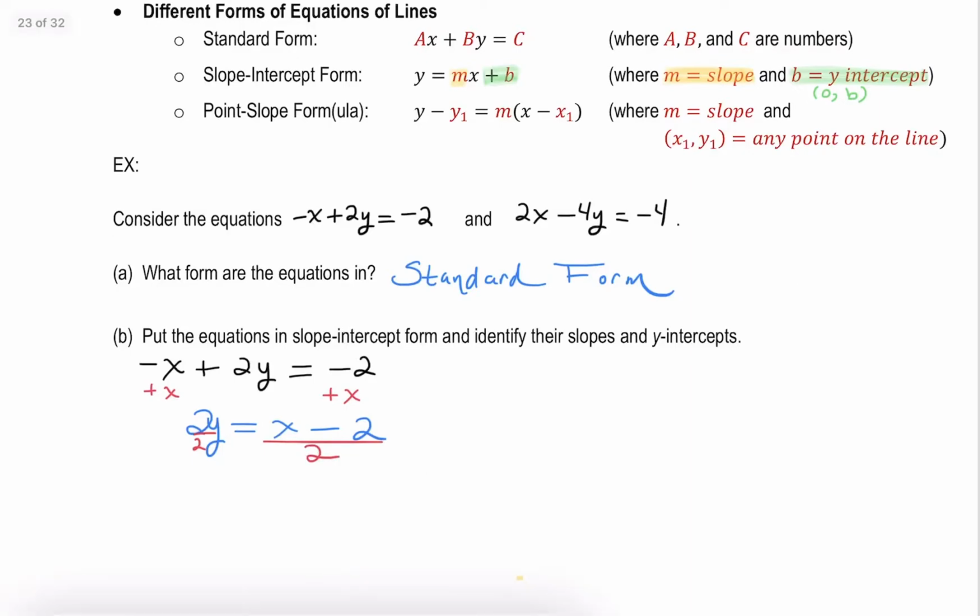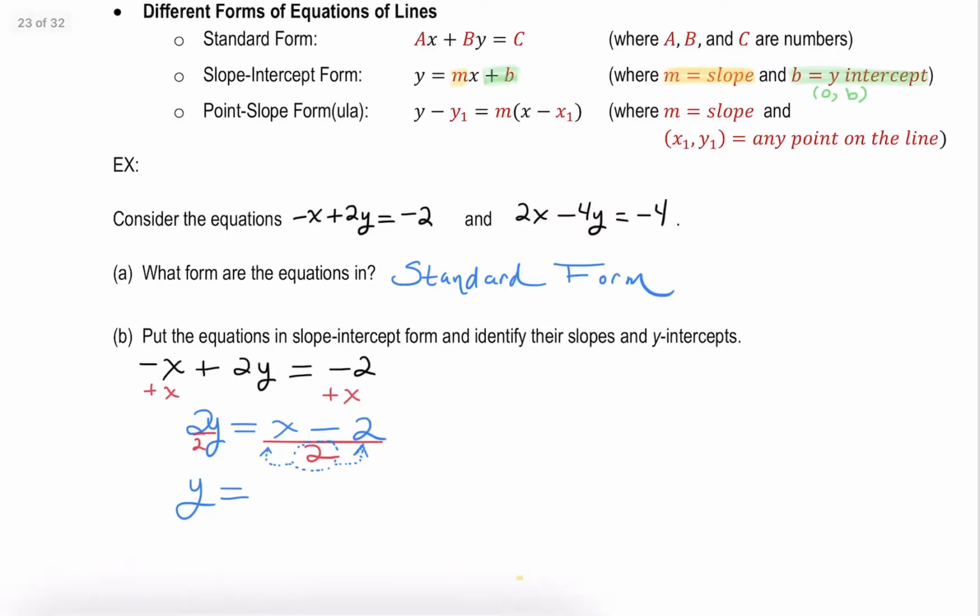And so now on the left-hand side, we have y. But now we do have to get this into the x term and then the constant. So what we have to do is take whatever's in the denominator and divide it by both terms in the numerator. You don't just get to reduce the 2.